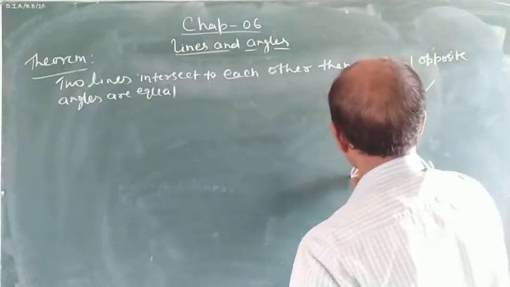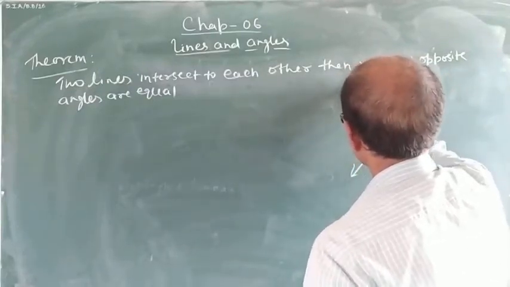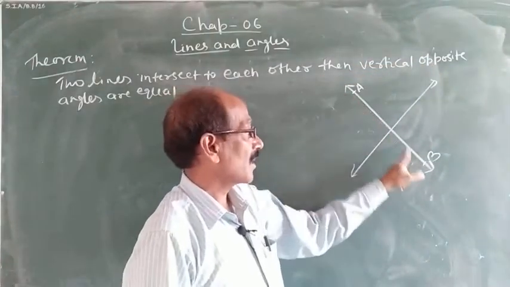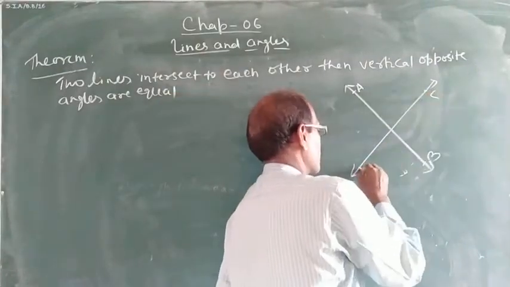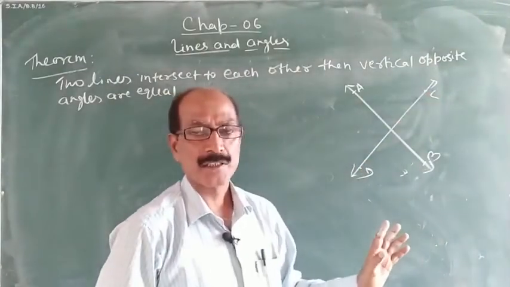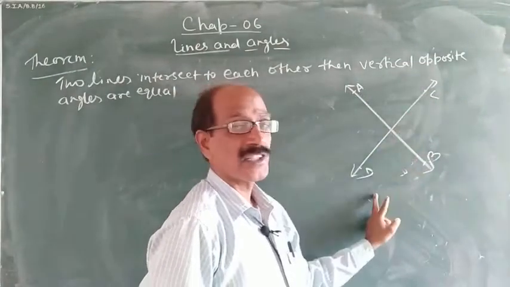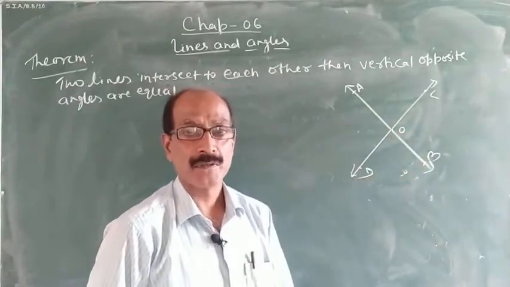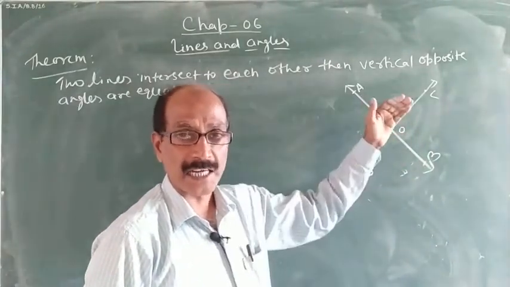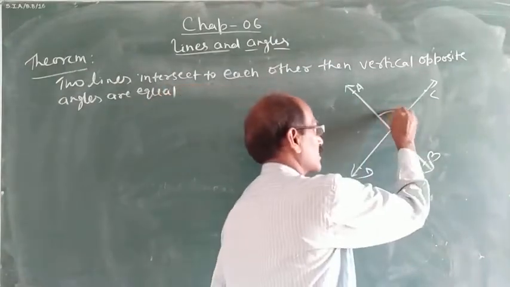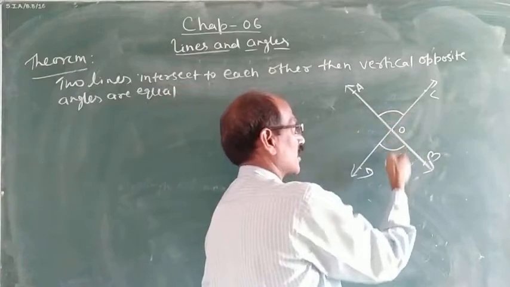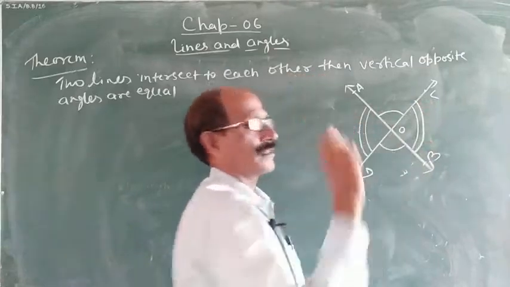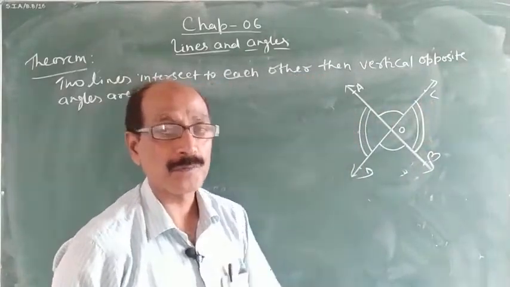Suppose line AB and line CD intersect each other at O. Then we have to prove that vertically opposite angles are equal. This angle is equal to this angle, and on the left side this angle is equal to this angle. Now how can we prove it?